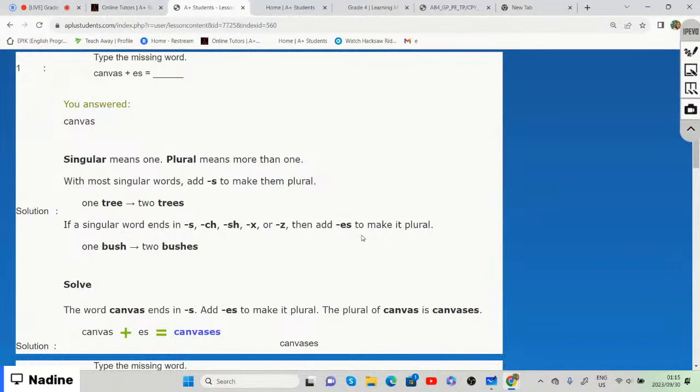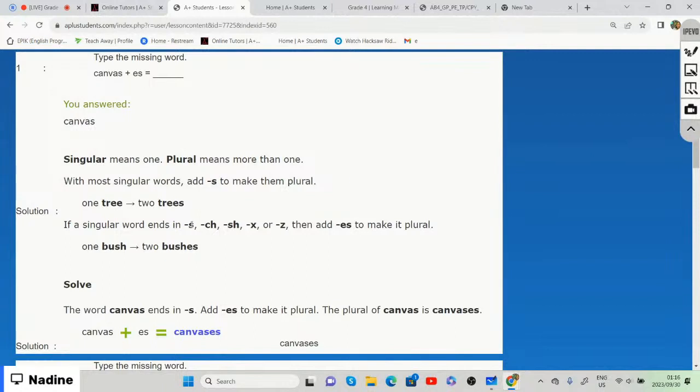And we said with most of our singular words, we just add s to make them plural, and we made examples of tree and trees, boy and boys, girl and girls, one ball, lots of balls. So if we just add an s, then it will be plural.